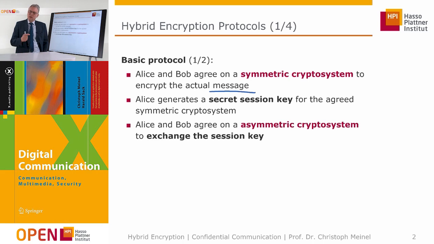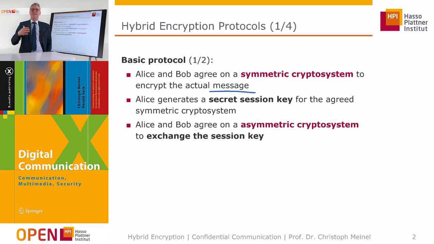But how to bring this secret key to Bob, how to transmit it? It cannot be done in clear text because everyone in the internet can access this key and can later on decrypt the messages Alice is sending to Bob.